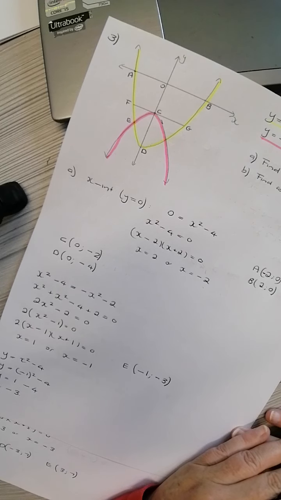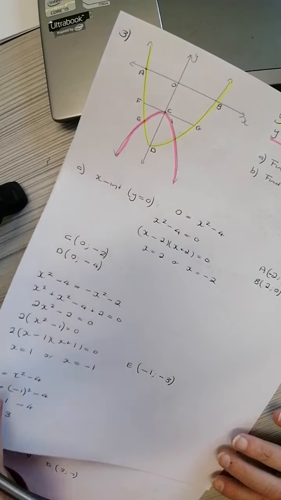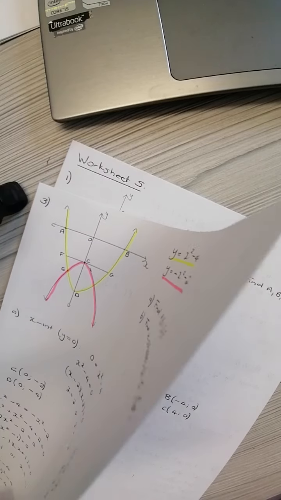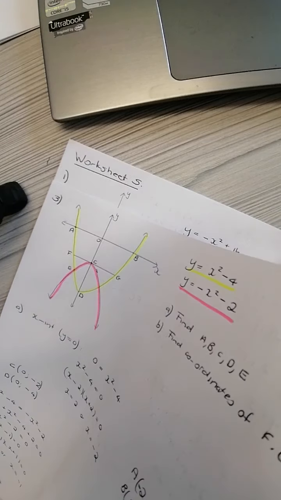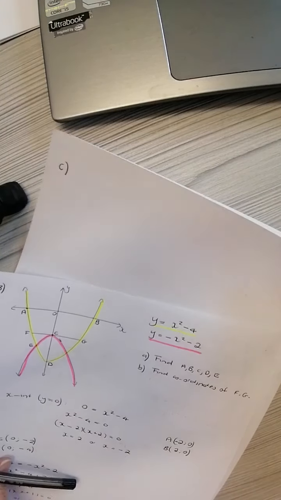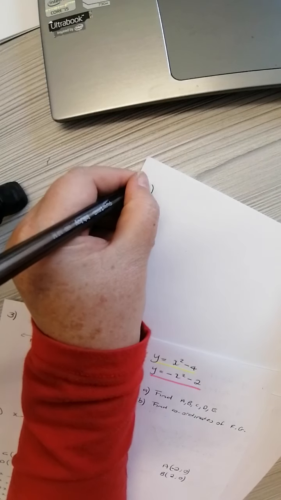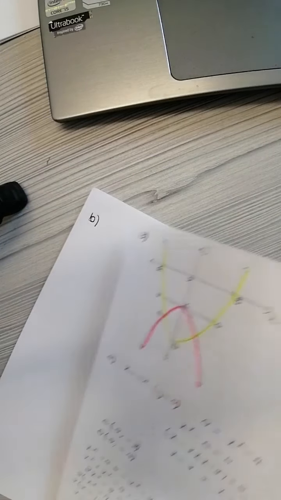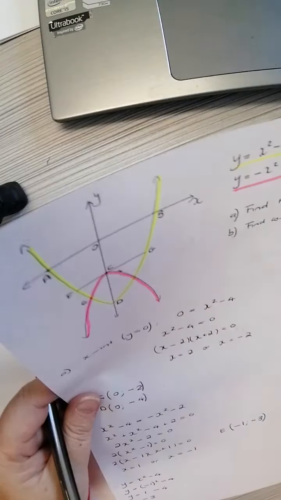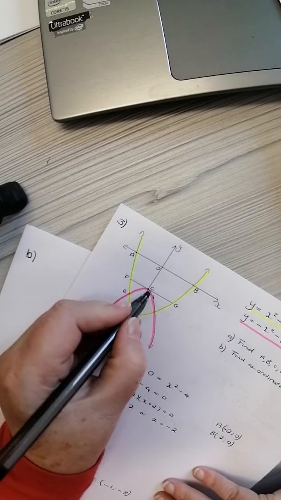Now find the coordinates of F and G. Okay, now look very carefully. Oh, I'm going to have to go onto a new page. F and G. Have a look at what F and G are.